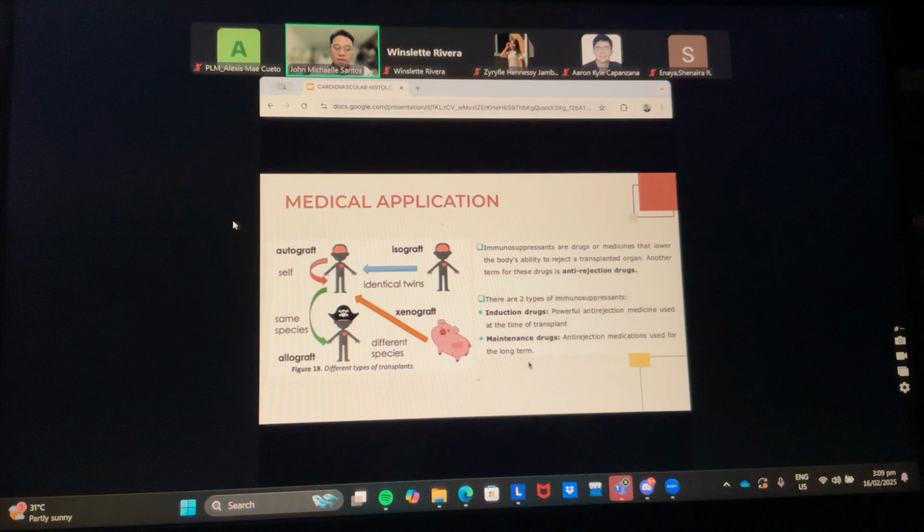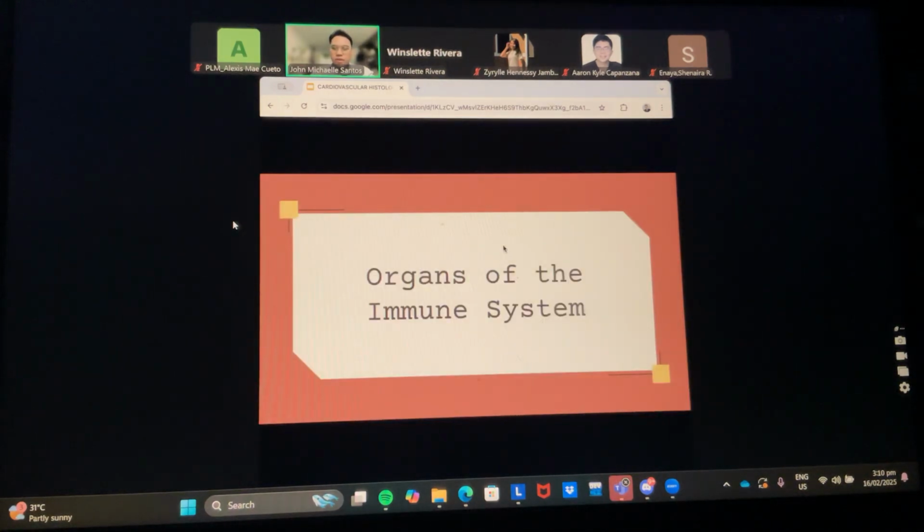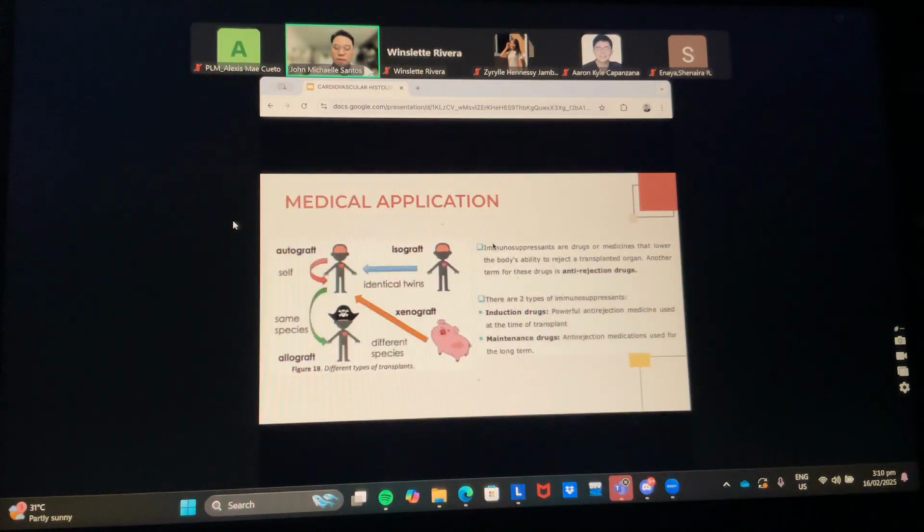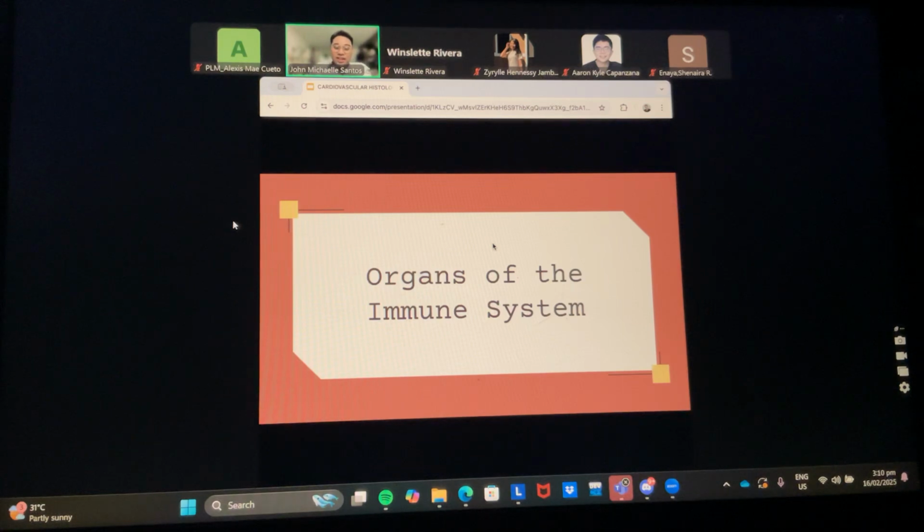Yung maintenance drugs mo, actually chronic na to for life, ite-take mo siya every now and then. Can be in the form of steroids, mga ganun. Pero ang caveat nito, since naka-immunosuppressant ka para tanggapin yung graft na yon, prone ka naman to infections since na-suppress yung immune system mo. May bago kang puso pero pabalik-balik naman yung sakit mo, di ba? Yun yung caveat nun, di ba?